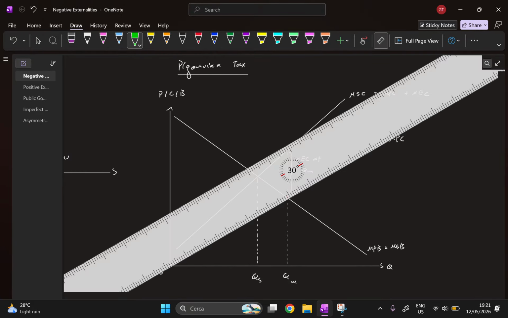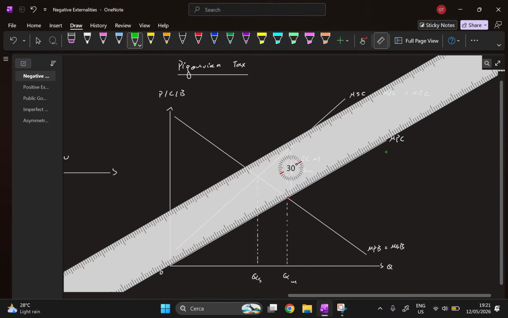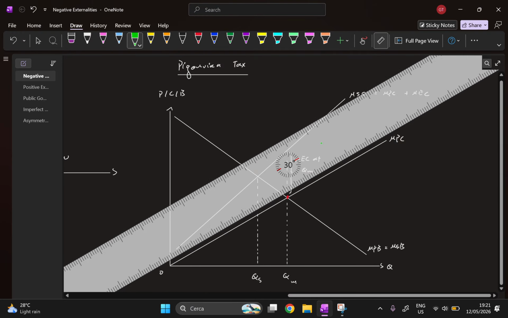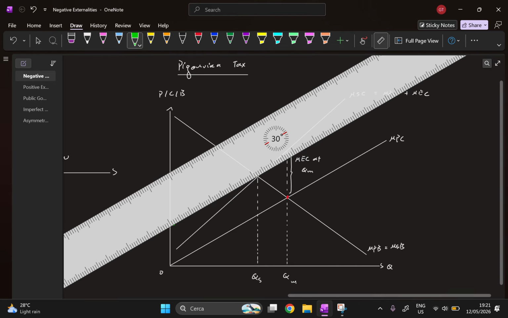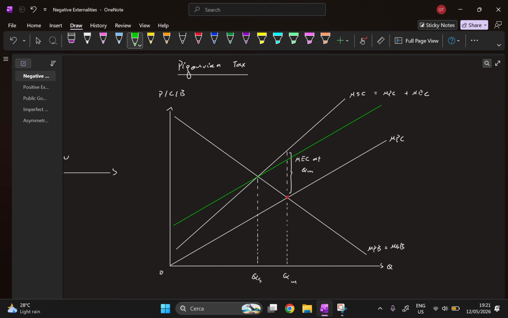I'm going to draw a line that is parallel to MPC. Right now my MPC is where my ruler is here. I'm going to shift my ruler, a parallel shift upwards to this point here, and I'm going to draw my new MPC. I'm going to label this MPC prime.